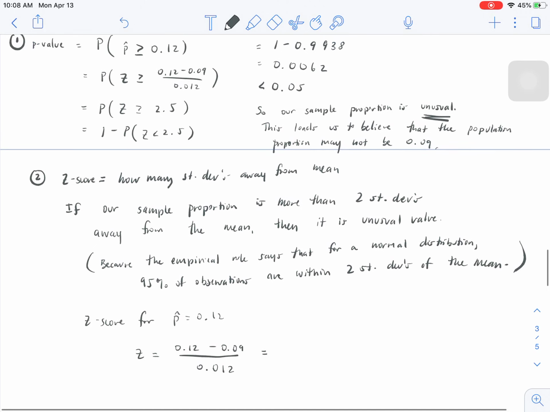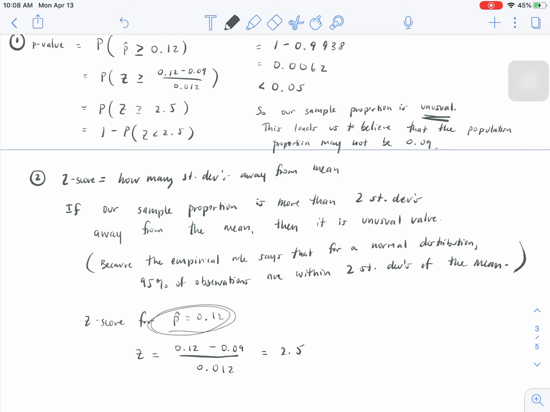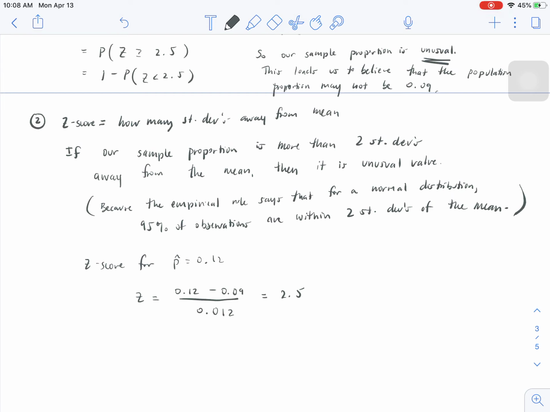This will be 2.5. So 0.12, our sample proportion, is 2.5 standard deviations away from the mean. 2.5 is more than 2. So our sample proportion is unusual, which leads us to believe that the population proportion is probably not 0.09.